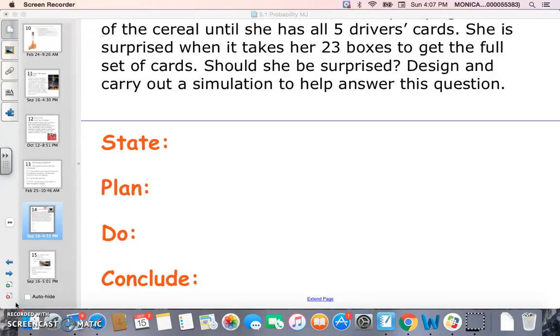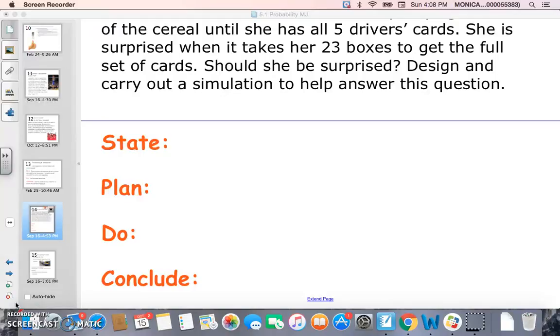So we need 5 numbers to represent the 5 possible cards. So let's let a 1 equal Jeff Gordon, a 2 equal Dale Earnhardt, a 3 equal Tony Stewart, 4 Danica Patrick, and 5 Jimmy Johnson. And then we could use MATH, scroll over to PRB, randInt(1,5) to simulate buying one of the boxes of cereal, and then keep hitting enter, right?